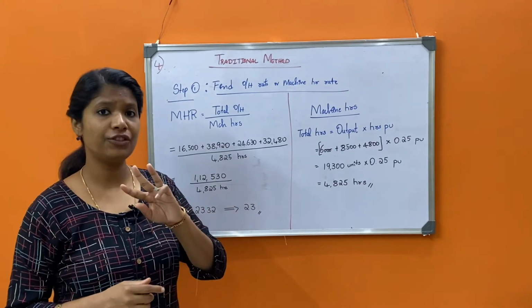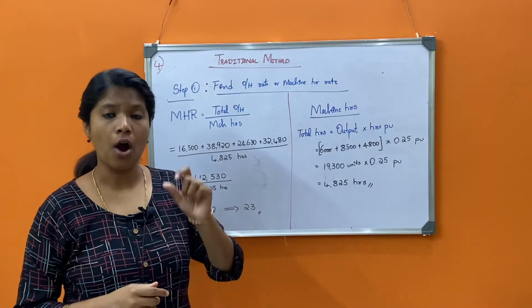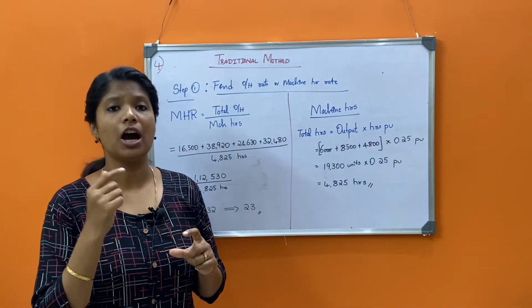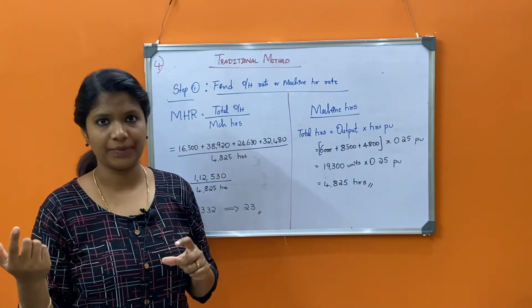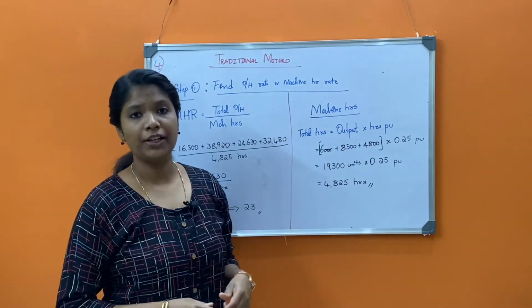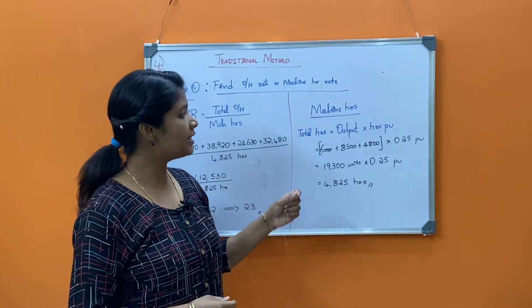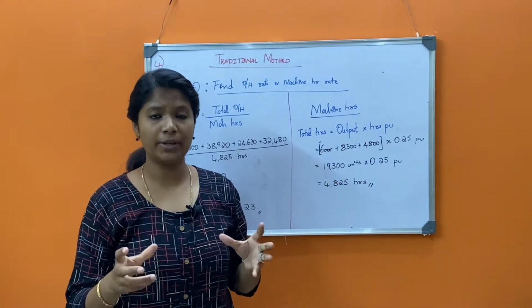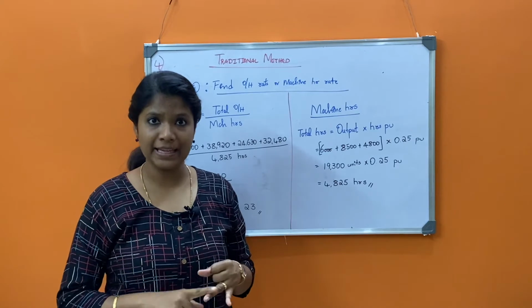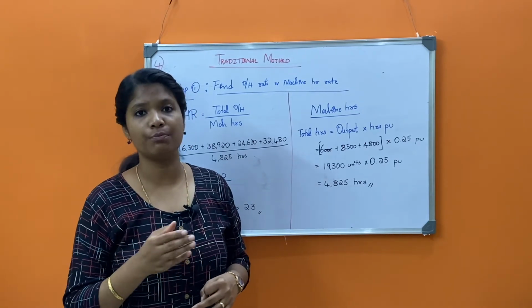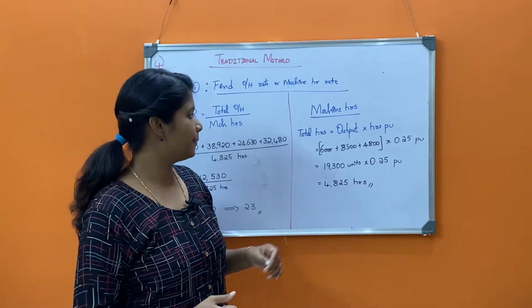Now since they have given 3 different products, output as well as for each unit how much time it has taken, we need to multiply that. How do I find machine hours? The formula is total hours equals the output given for products A, B as well as C, multiplied by how many hours each product takes to produce.